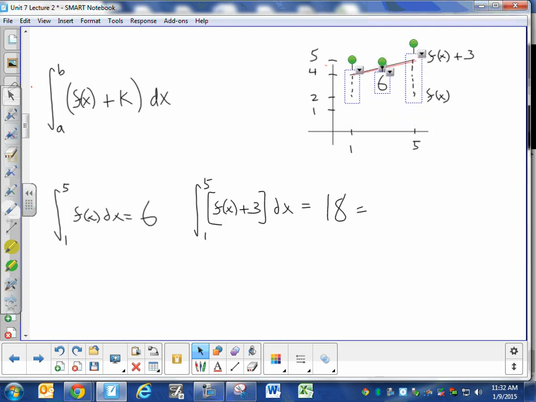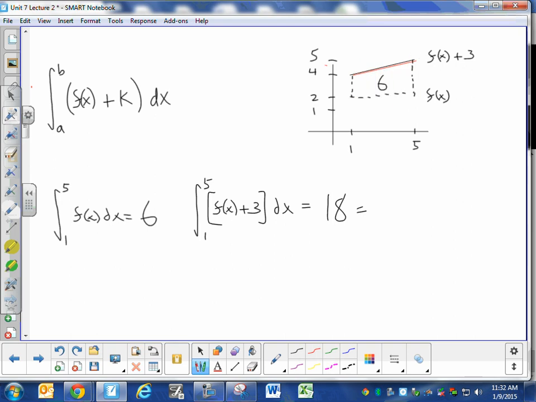I carried it up here. And all of a sudden, this area is right here. That's 6. What gets added? A rectangle. What's the height of the rectangle? K, 3. What's the width of the rectangle? The width of your interval. This is a rectangle that is a 3 by 4 rectangle.